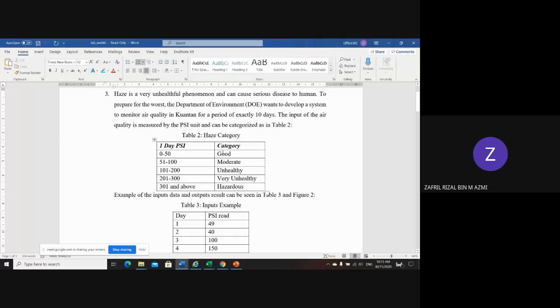Alright, so we have one input to determine the category. Let's say if user entered 52, so the category is going to be moderate. So for that, how many decision symbols are needed for decision only? Excluding the loop, we are going to have one symbol per decision.